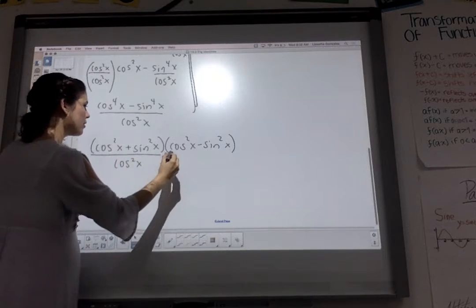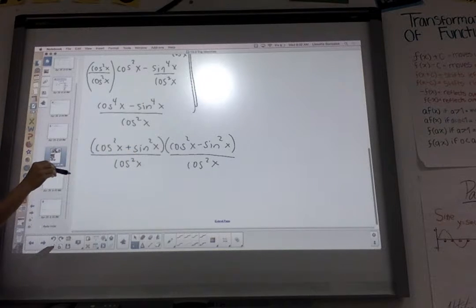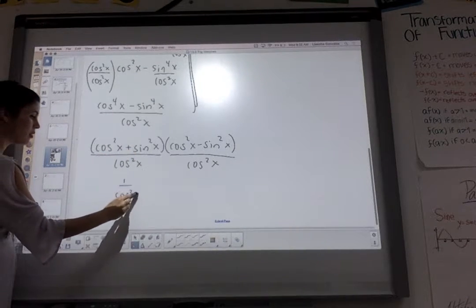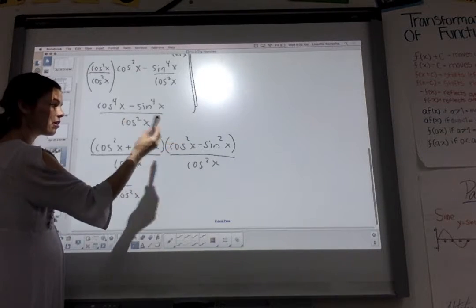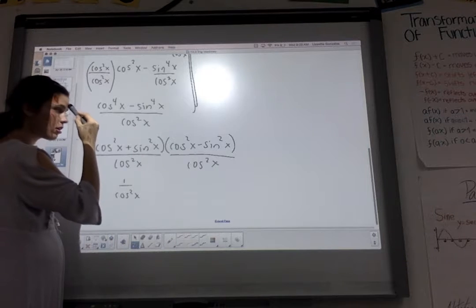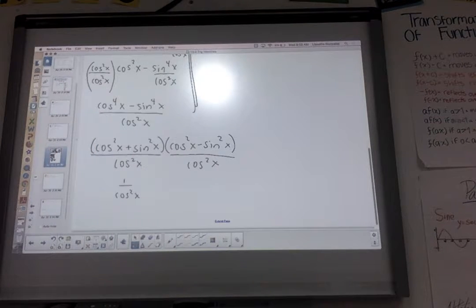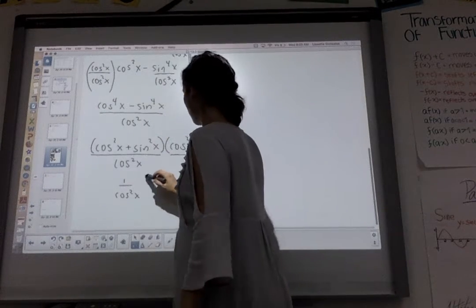Okay. That's a 1, and that's a 2. That's the sine squared x. You go back to cos 2x, that's a double angle. I can divide each one.